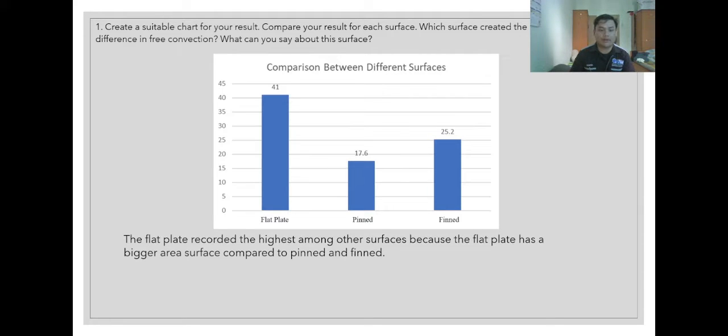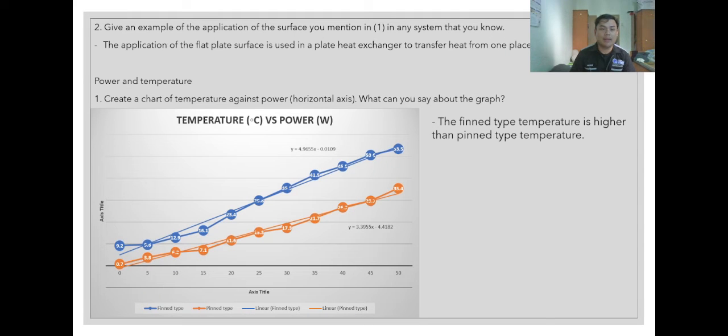The flat plate recorded the highest because it has a bigger surface area compared to pin and fin. Number two is to give an example of an application of the surface you mentioned in any system that you know. The application of the plate surface is in a plate heat exchanger, to transfer heat from one place to another.